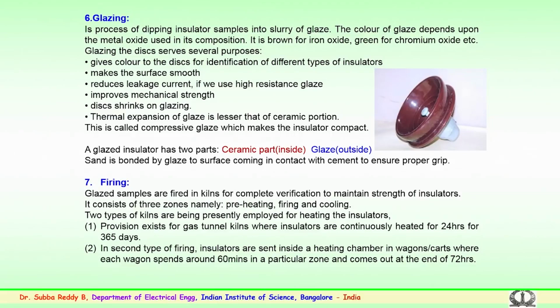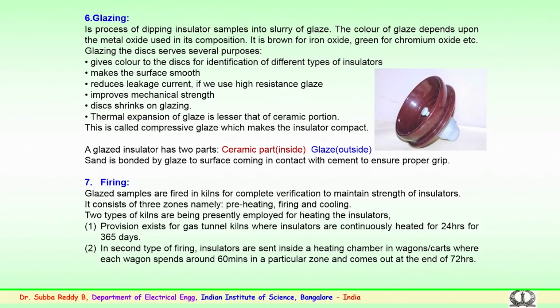It improves the mechanical performance of the insulator, and the disc shrinks on glazing. The thermal expansion of the glaze is lesser when compared to that of the ceramic portion, so it is also called a compressive glaze, which makes the insulator compact. So, very important.